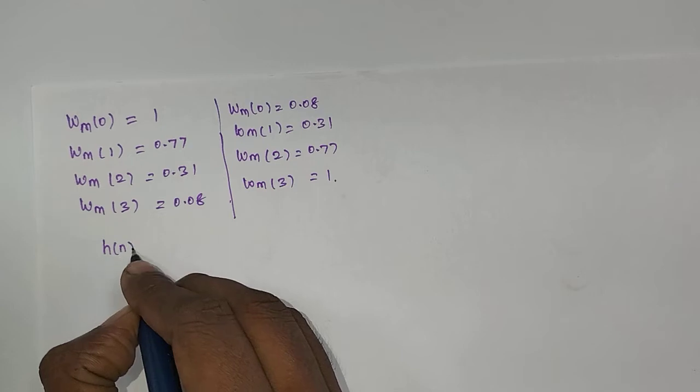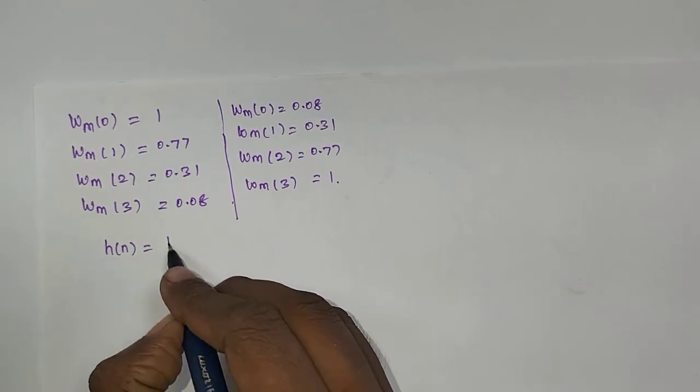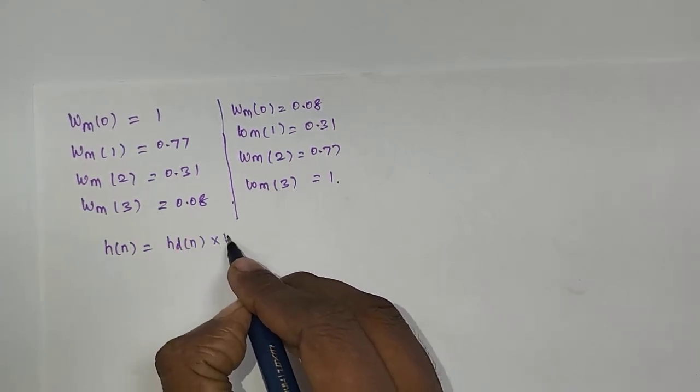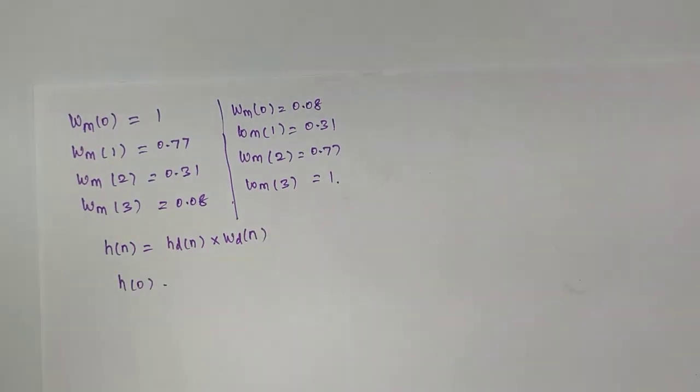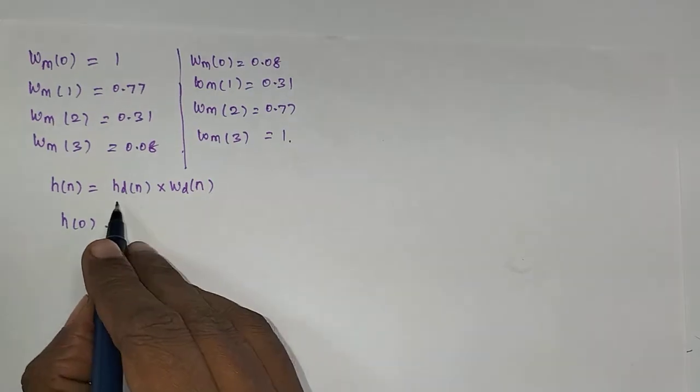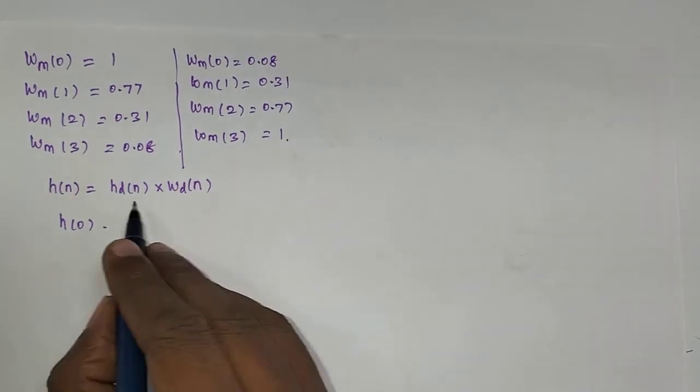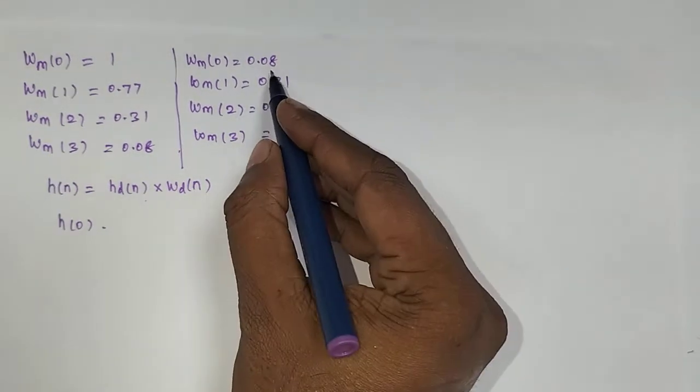Then you have to multiply the desired function hd of n with the window function wd of n. So h of 0 is equal to hd of 0 into wd of 0.